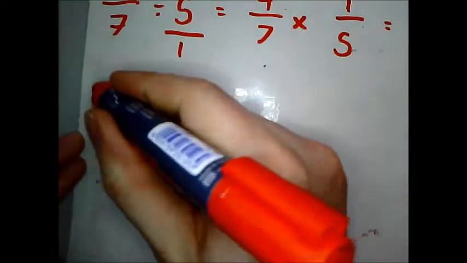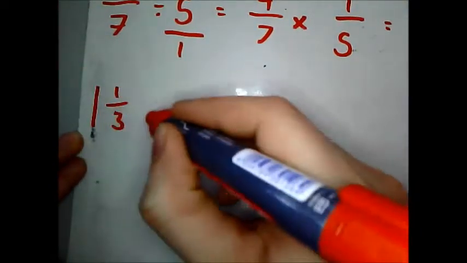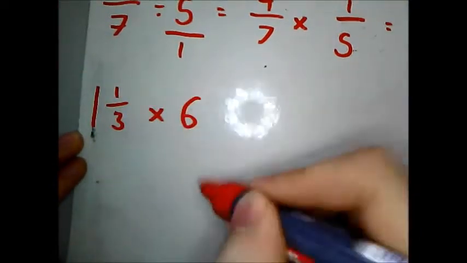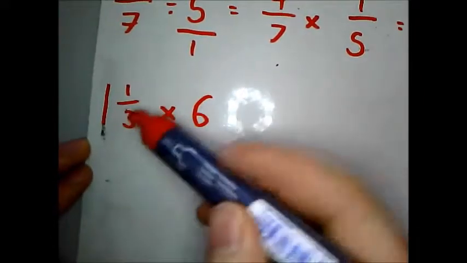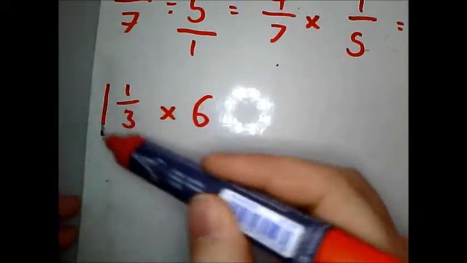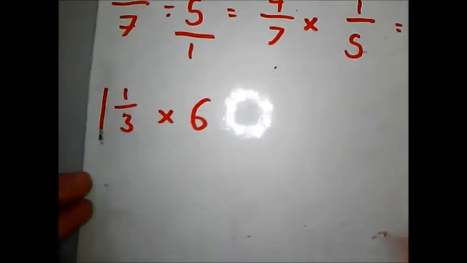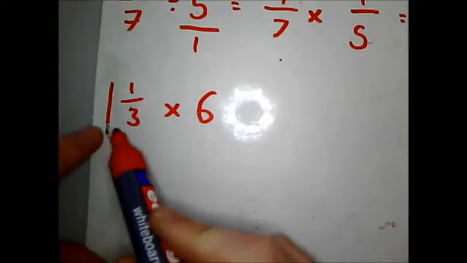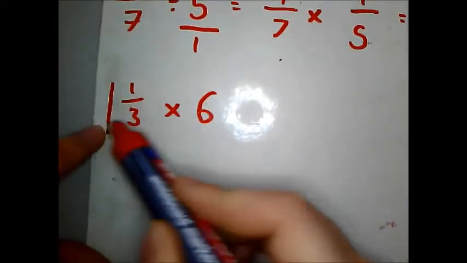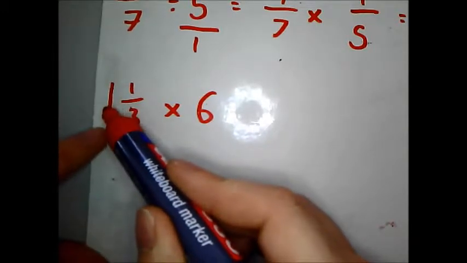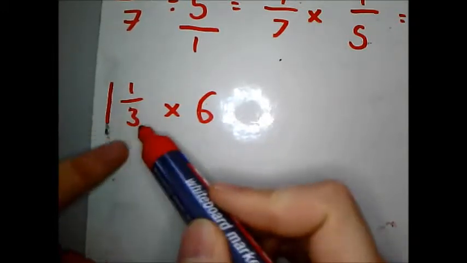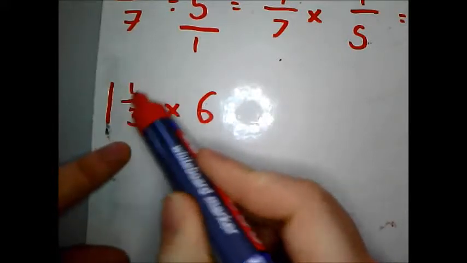Okay, next question. So we've got 1 1/3 times 6. The first thing I'm going to do is turn this into a top-heavy fraction, or an improper fraction. So to do this, I know that each of these wholes are split into 3. So if one whole splits into 3, there will be 3 parts plus the extra part here.